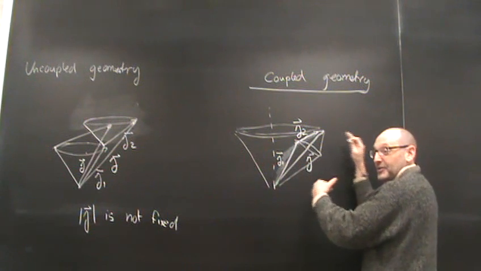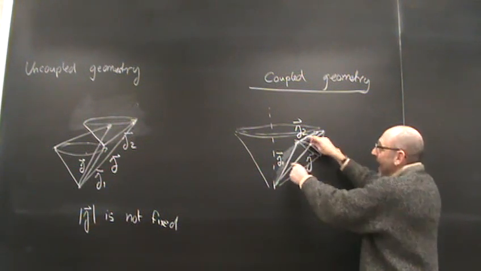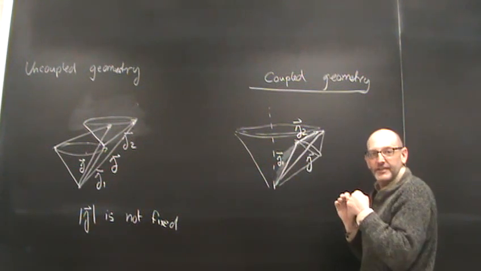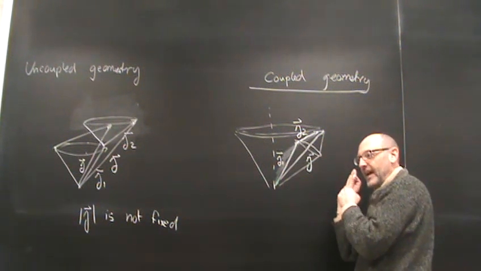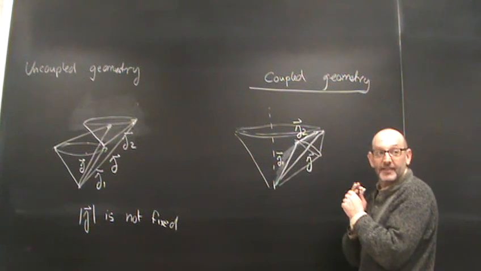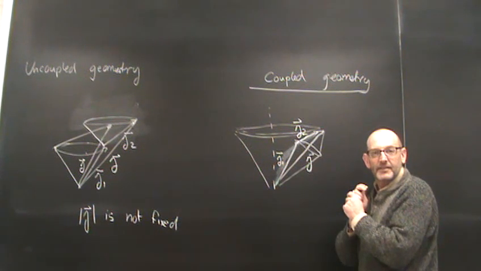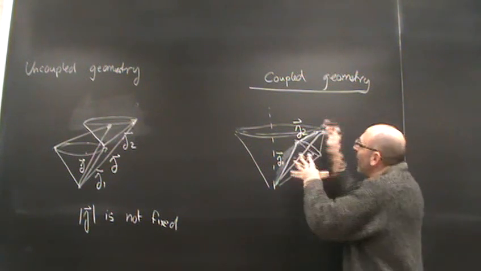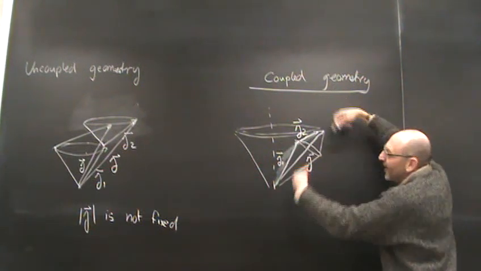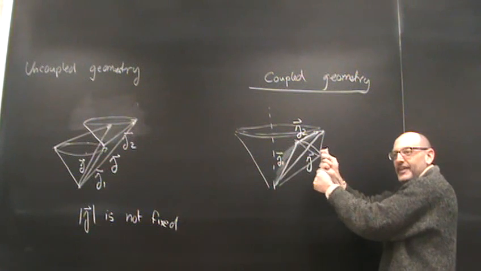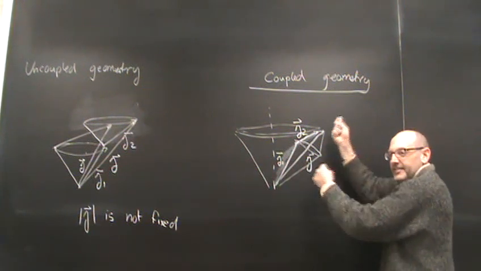The total magnitude is fixed. The magnitude of the individual vectors is fixed. But the projection of the individual vectors on the z-axis is not fixed. Okay? So this is why this is called the coupled representation, because it looks like two strongly coupled vectors that are coupled to their joint axis.